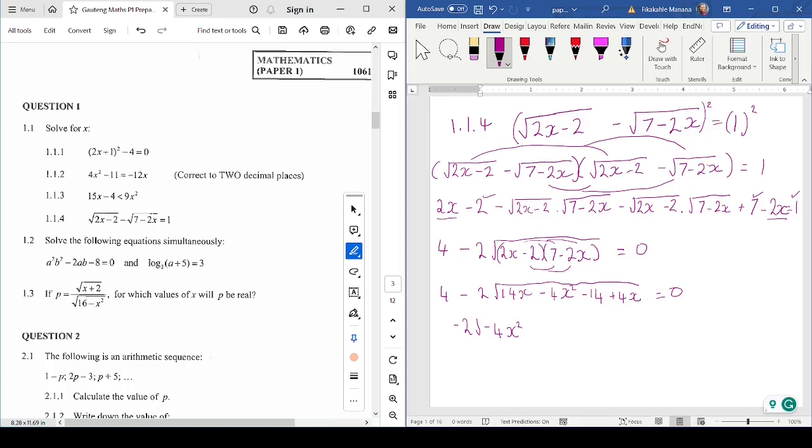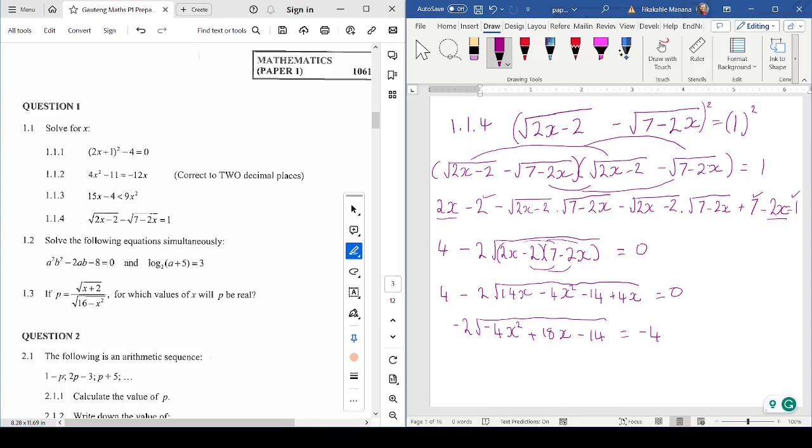And then 14 plus 4 is a plus 18x, which is taking the x's together, and then minus 14, which is what I'm left with. Right, all of this is equals to minus 4. Why minus 4? Because I just took this 4 to the other side.